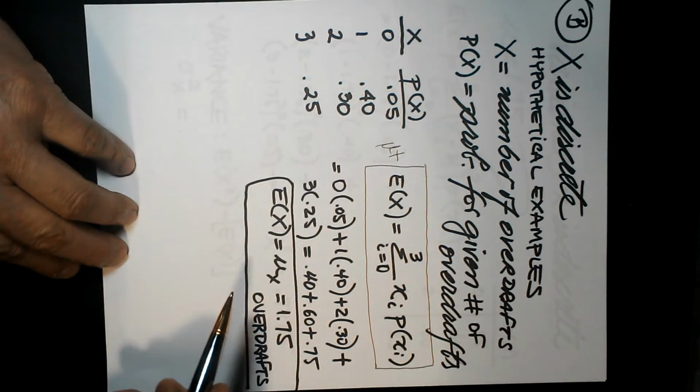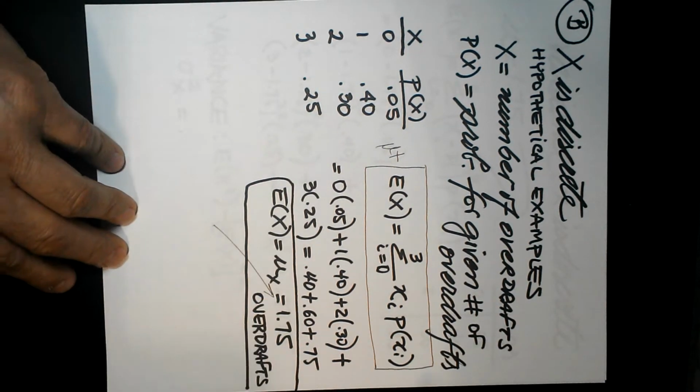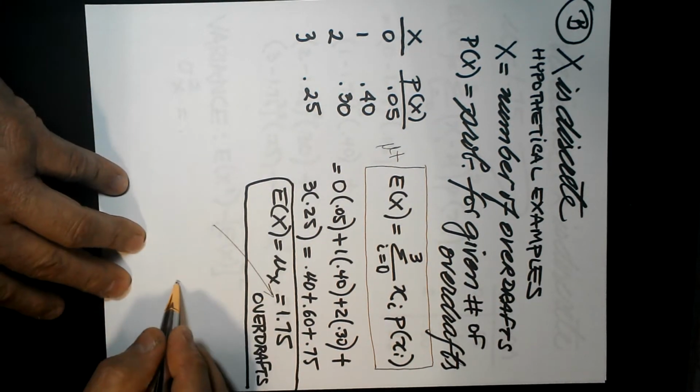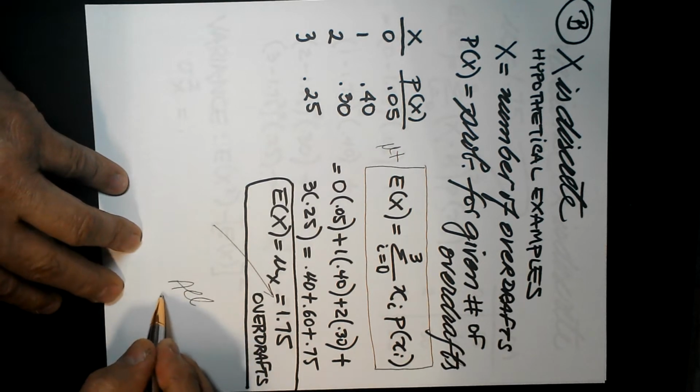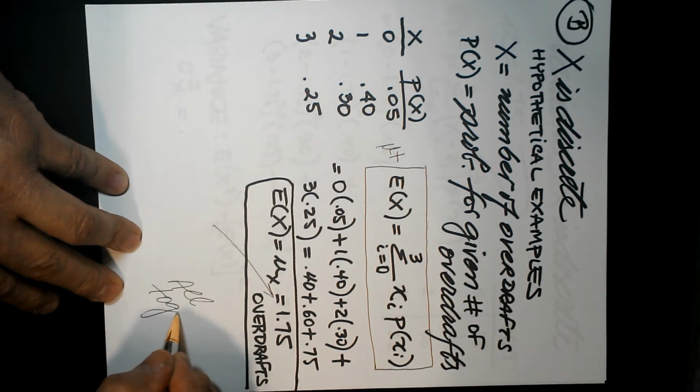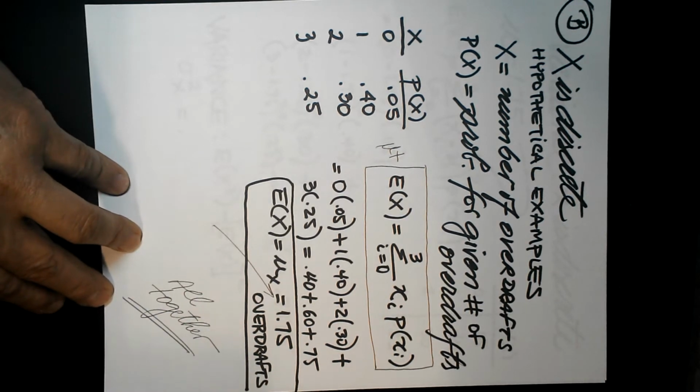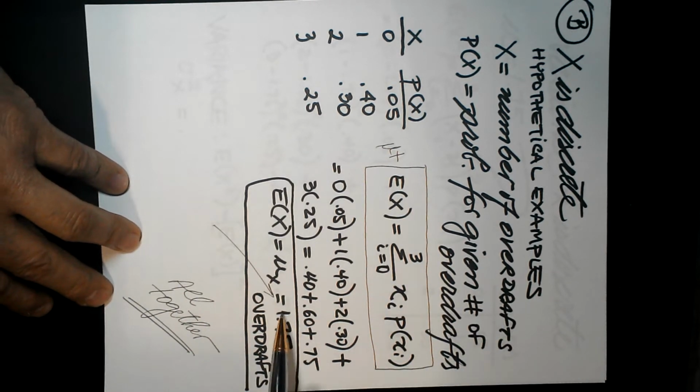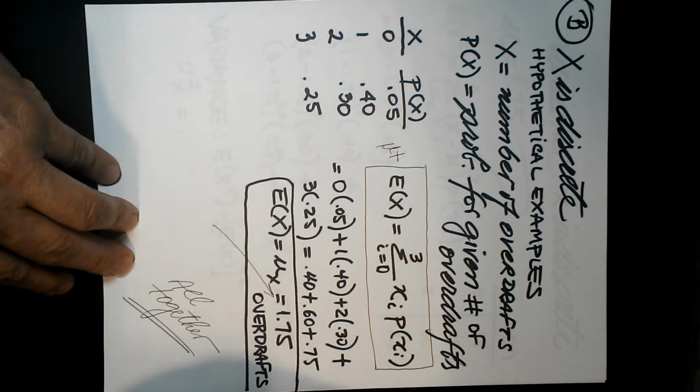Use a calculator, and you find that all customers together have an average of 1.75 overdrafts.